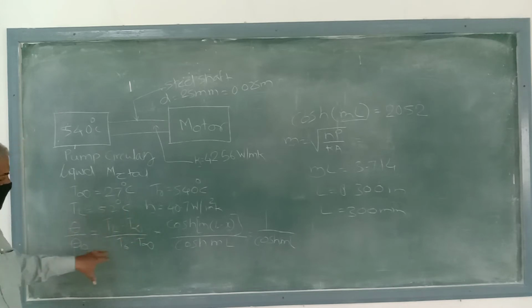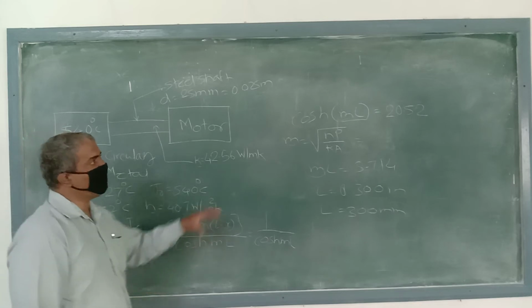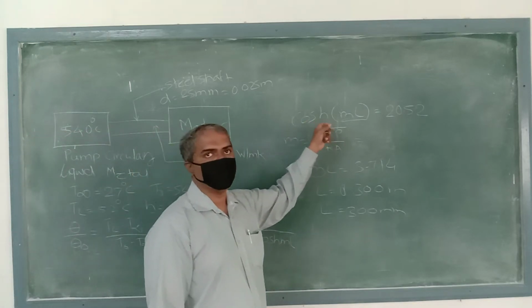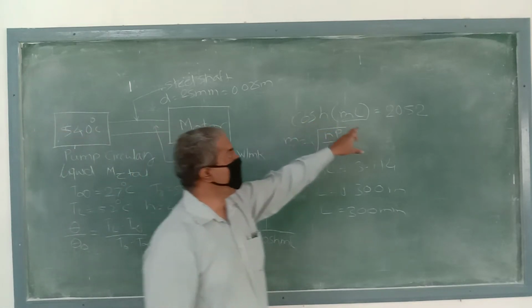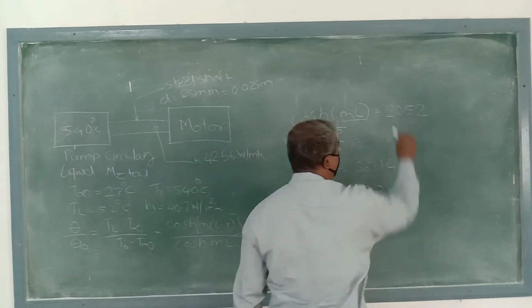After substituting the values of temperature in this equation, you get the cosh mL value. So cosh mL is equal to 20.52.